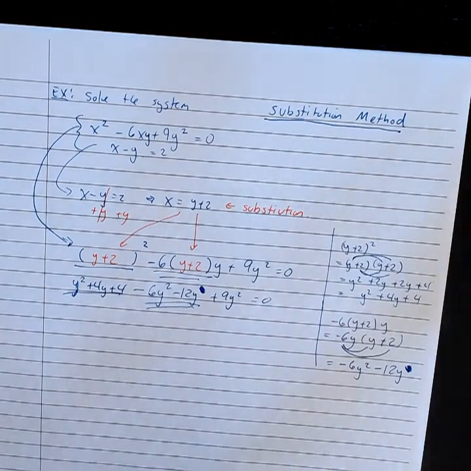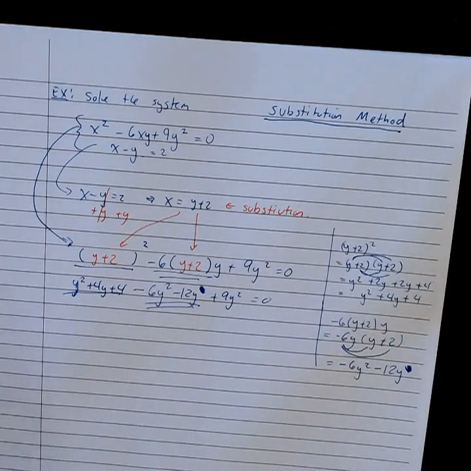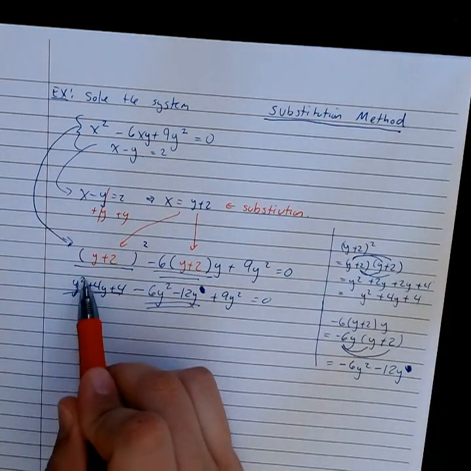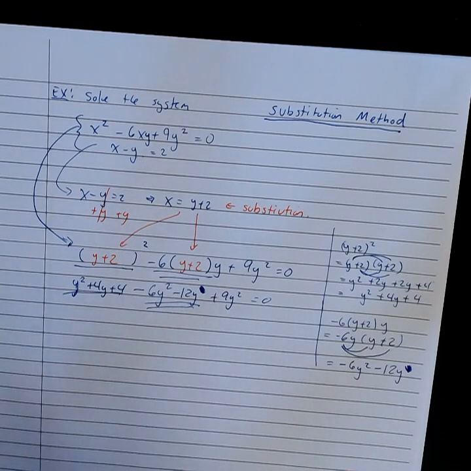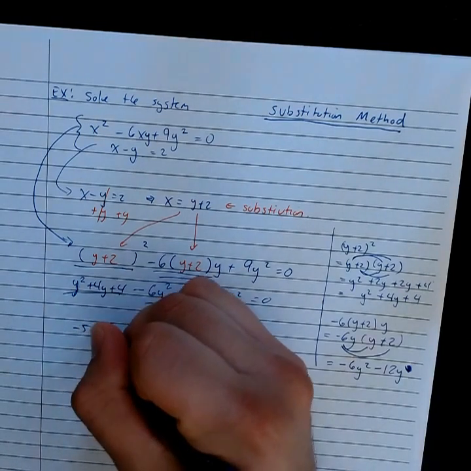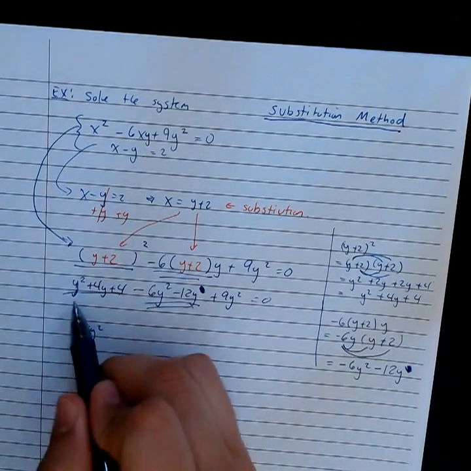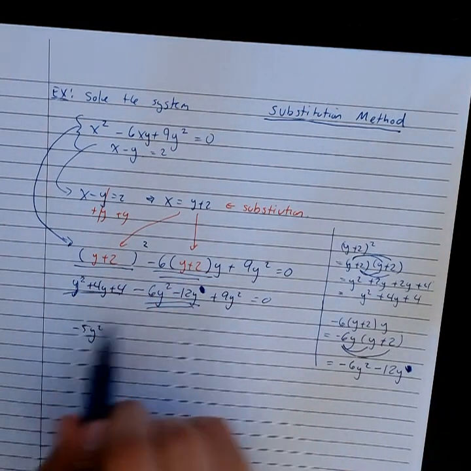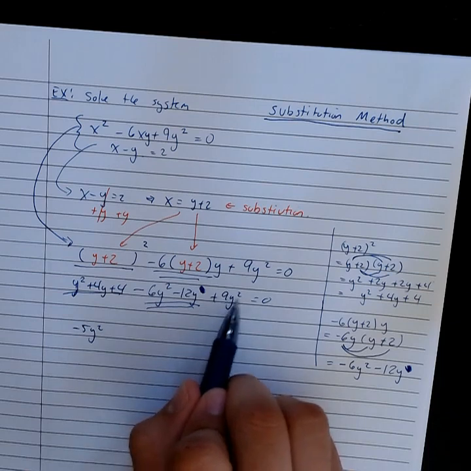Okay. You'll notice now you have a few like terms you can combine. I have some squares. y squared minus 6y squared, that's going to be negative 5y squared. And I have another 9y squared over here.